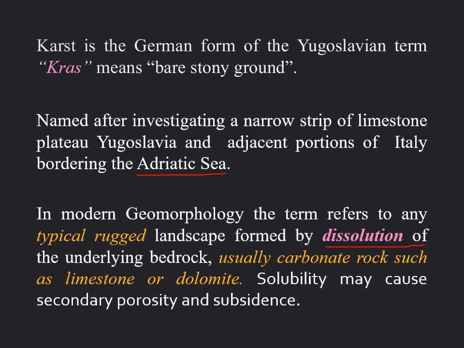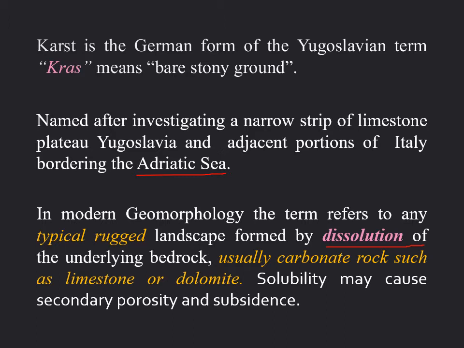And also, the landscape is not properly well developed. So thereby, karst landforms in silicate rocks are not so important to us. But as we know, carbonate rocks are very much soluble in slightly acidic solutions.